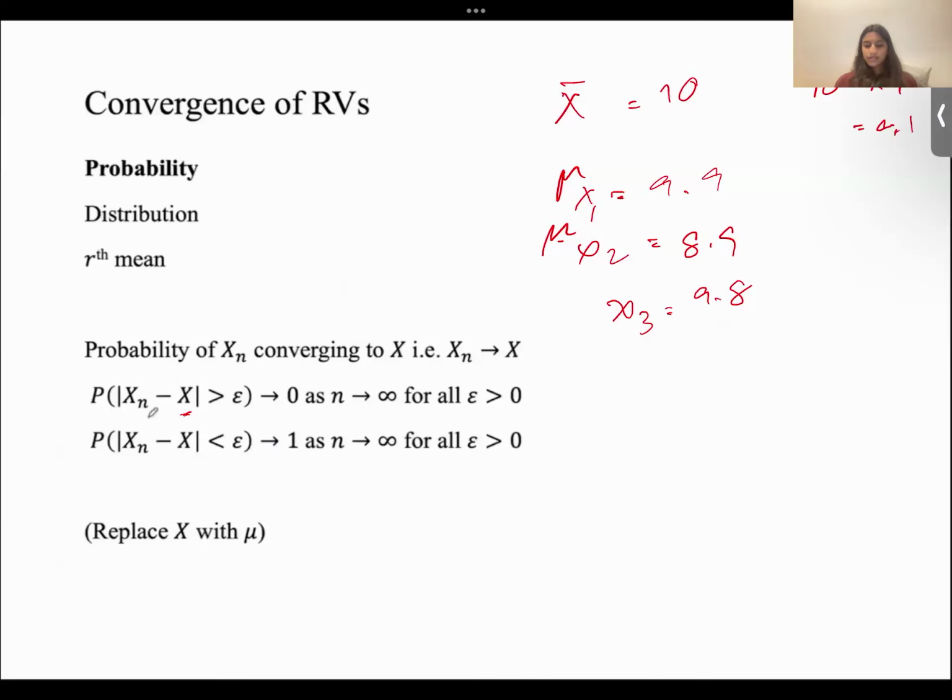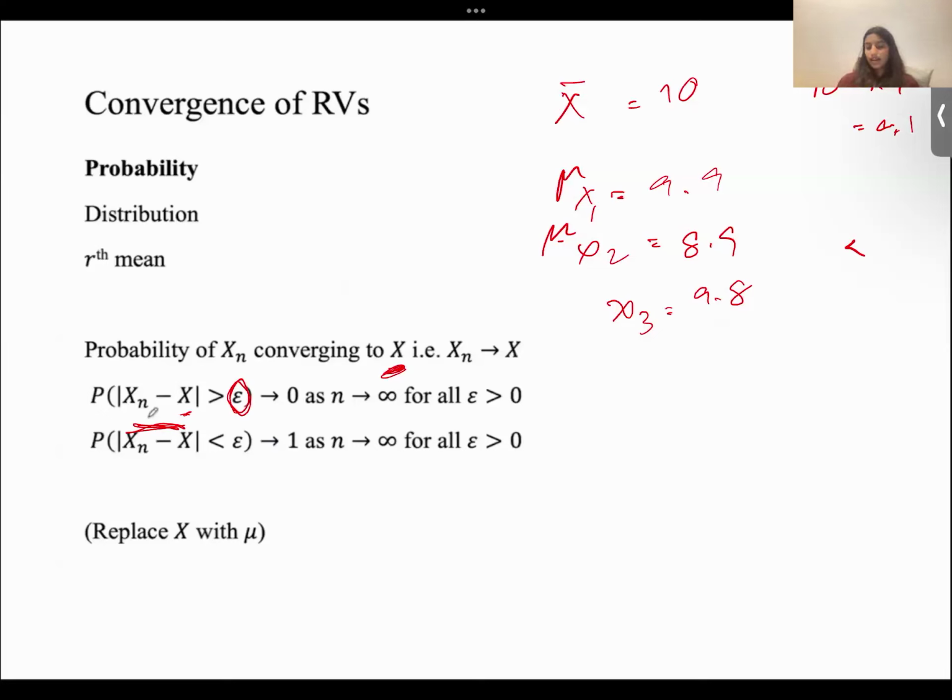So the difference between the two values has to be small. If this difference is lesser than a certain value, which is given by epsilon, you would say that the probabilities of x are converging to x.